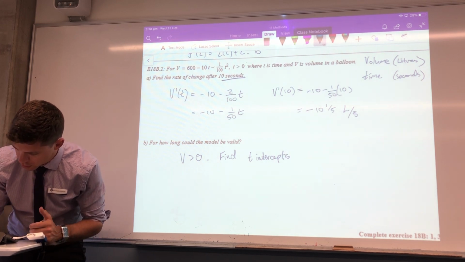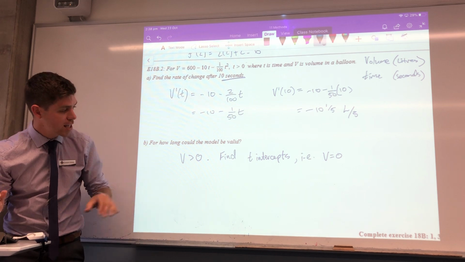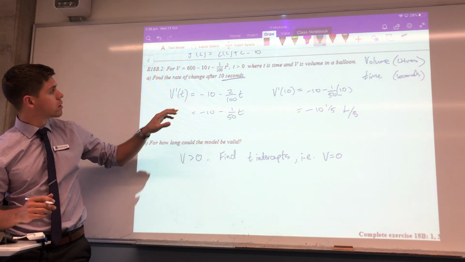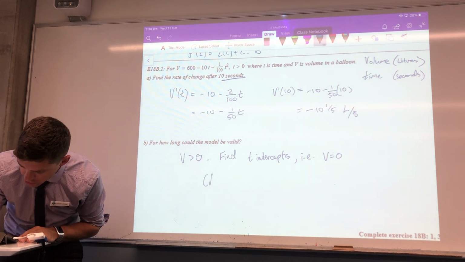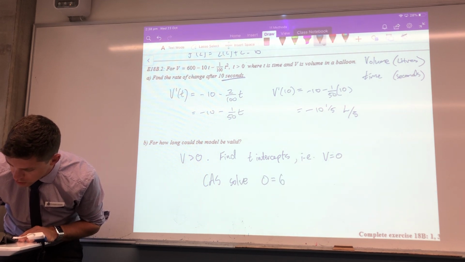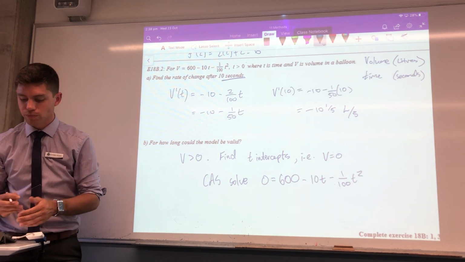Now, I'm not going to bring up the CAS, but let's just say we use CAS to solve 0 equals 600 minus 10t minus 1 over 100 t squared.